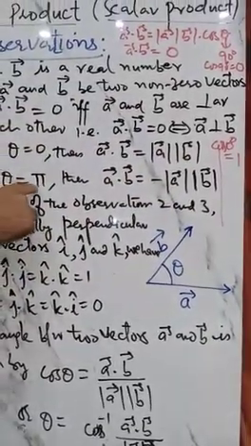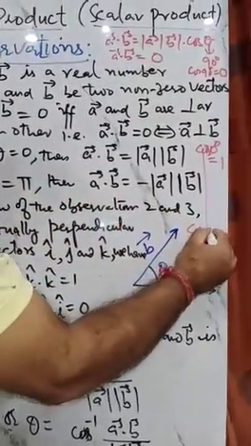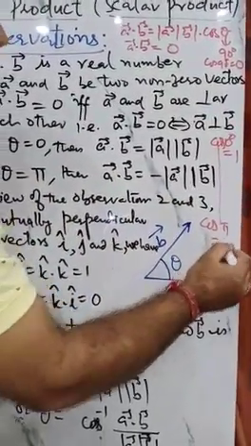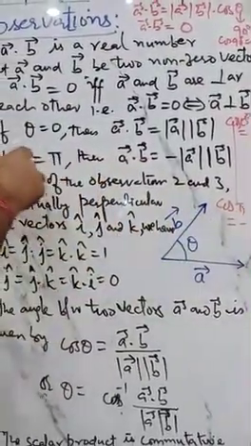Fourth, अगर थीटा पाई के बराबर, तो cos of pi, दैट इज -1 के बराबर. So we get cos theta equal to minus 1.